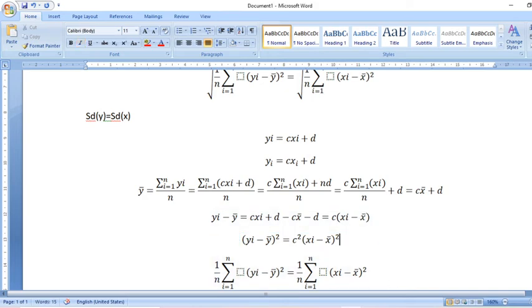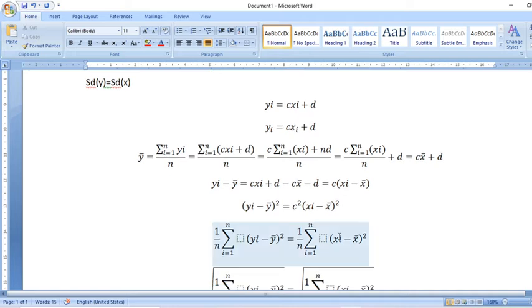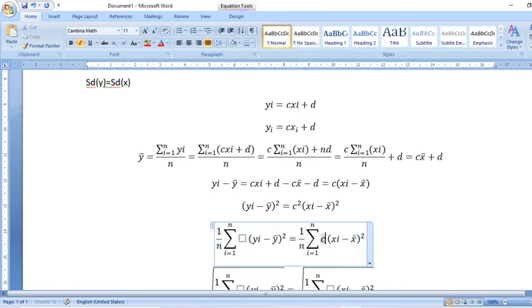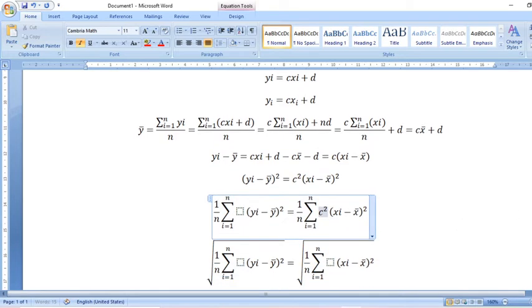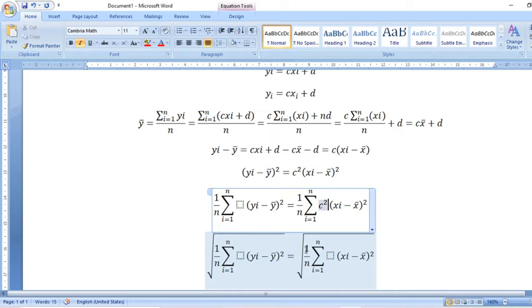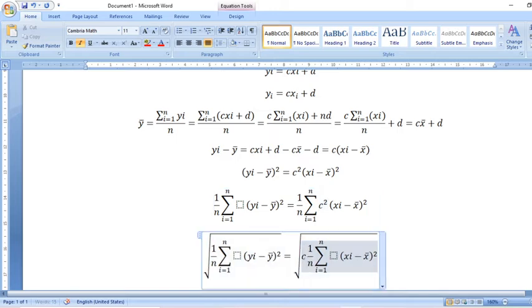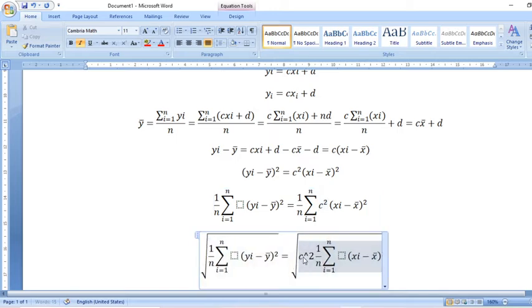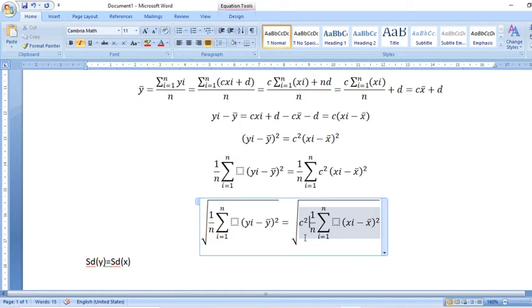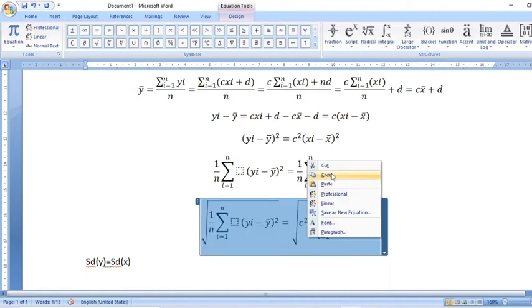So 1 by n into summation of (yi minus y bar) square will be equal to c square into 1 by n summation of (xi minus x bar) square. C square can be taken outside. So what will be the result? C square into 1 by n, so again we can take this c square outside. So what will be the next step?